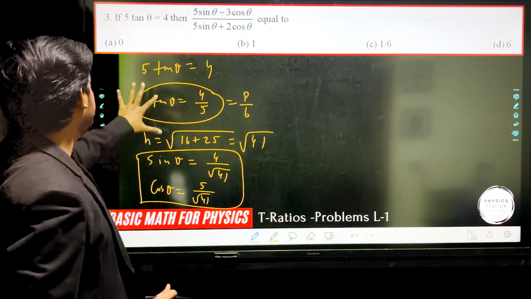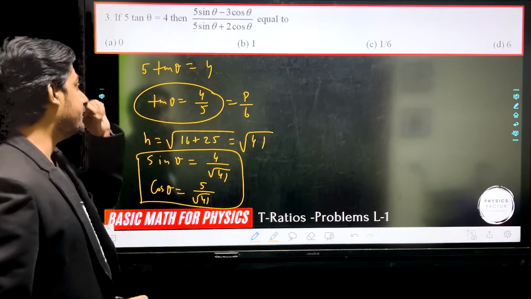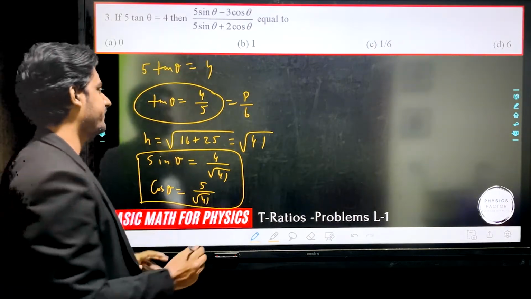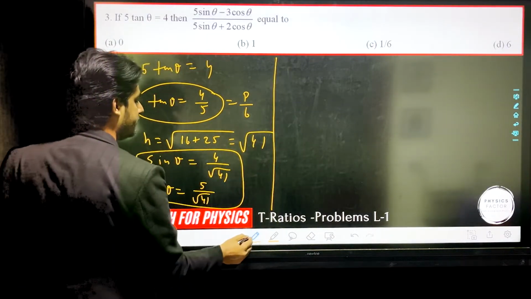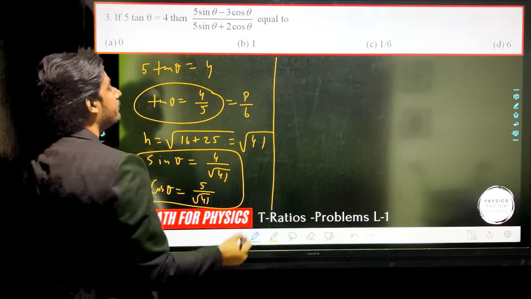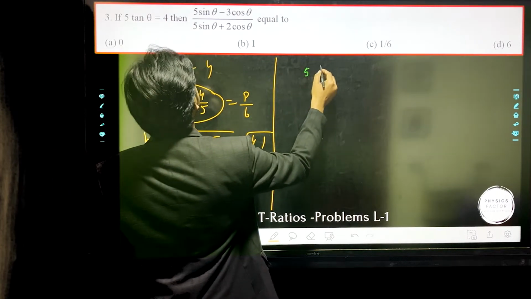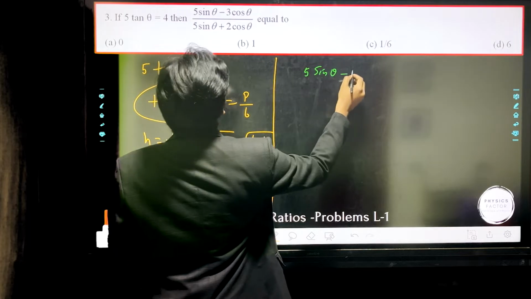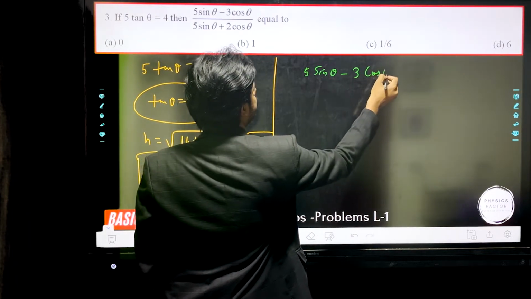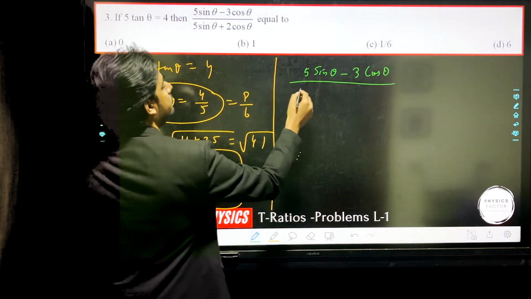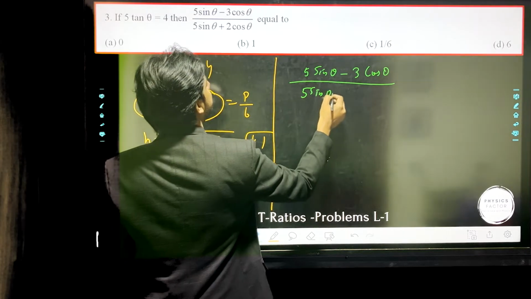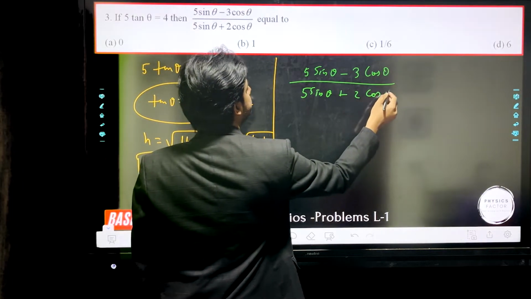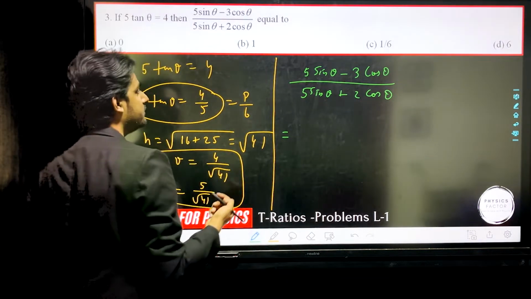Now once we get the values of sin theta, cos theta and tan theta, we can look at the expression and solve it. So the expression is (5 sin theta minus 3 cos theta) upon (5 sin theta plus 2 cos theta). What we'll do is substitute these values.